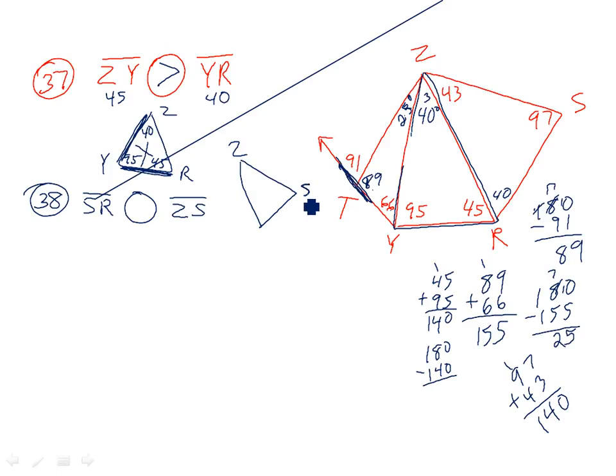Z, S, R. That's 40, that's 97, and that's 43. SR is across from what? 43. And ZS is across from R, which is how much? Now the greater. 39.